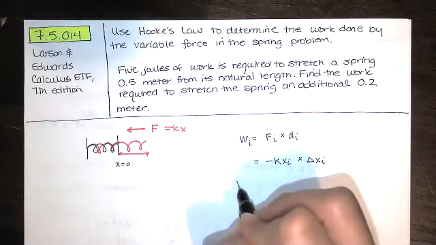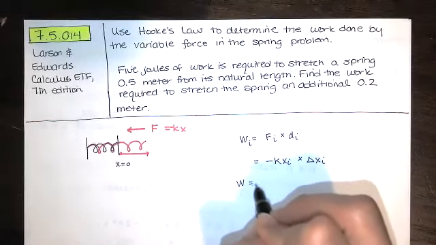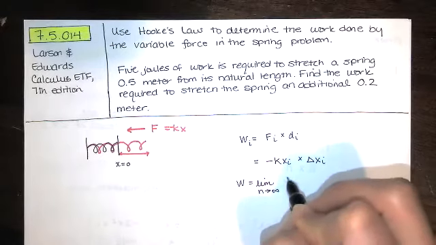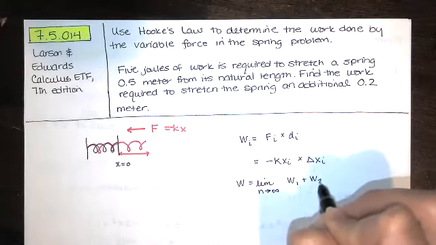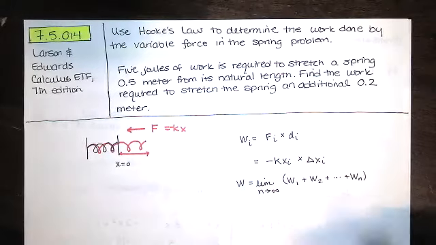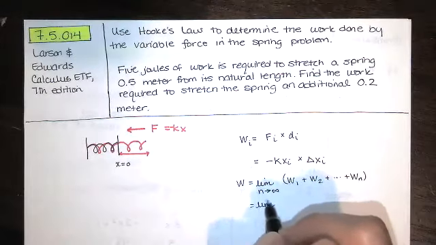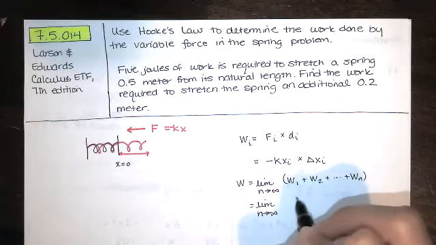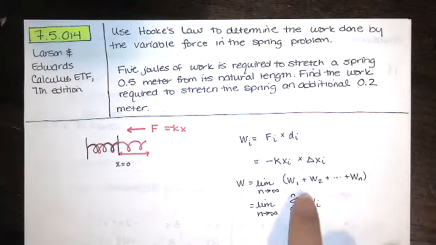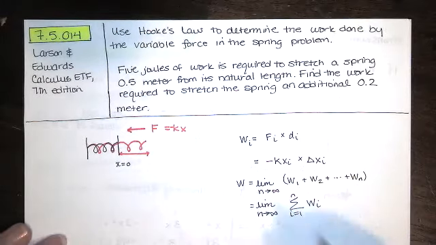And then if I want the total work done, we'll just take the limit as the number of pieces goes to infinity of the sum of the work on each piece. That's the limit as the number of pieces goes to infinity of the sum as i goes from 1 to n of w sub i. So that's the work on one piece, and we're just adding those up.